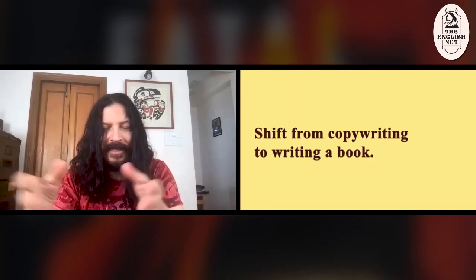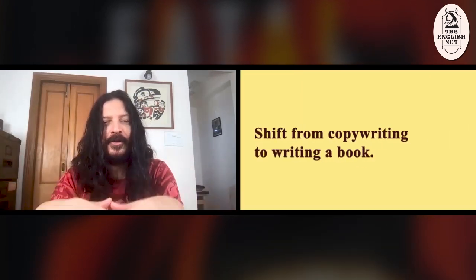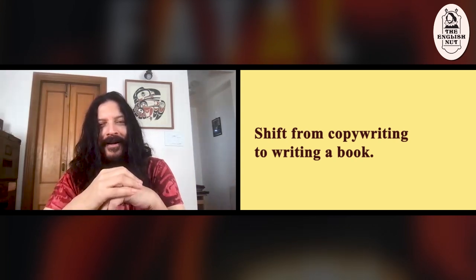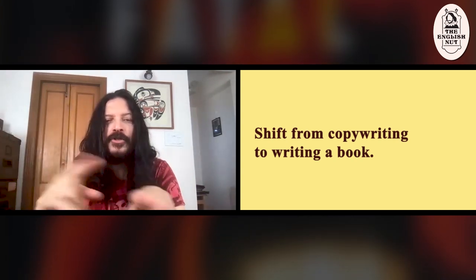So from that to a book, to a novel, how do you make the shift? Because you make the shift back and forth, right? Because you work in an advertising job, you write books on the side, or I don't know whether you write novels and you work in advertising on the side. These are only mind kind of questions.